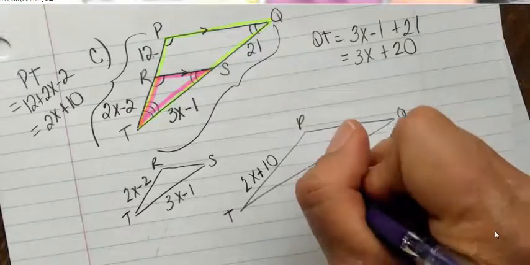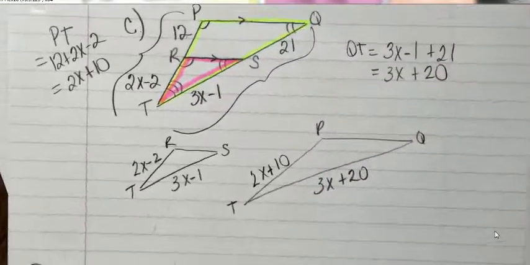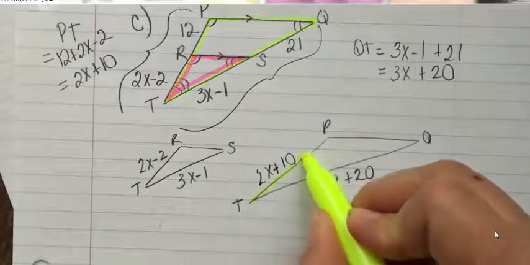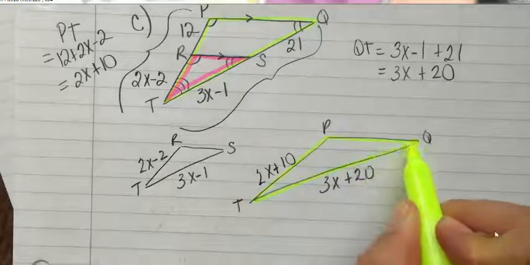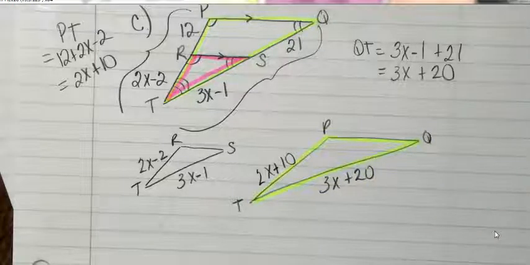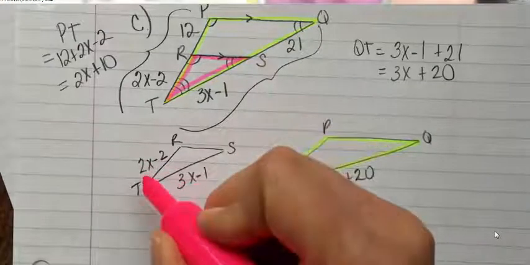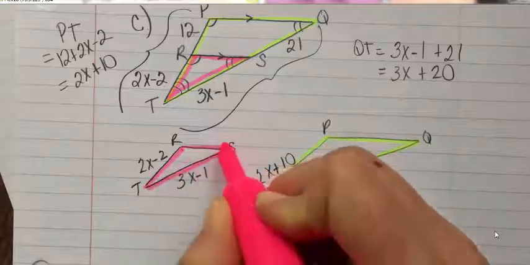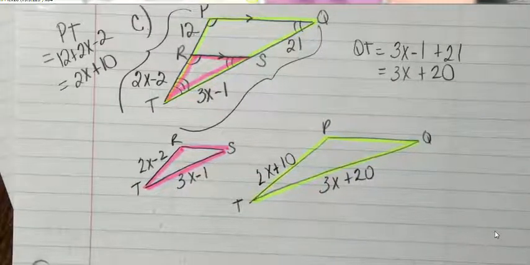And QT is 3x plus 20. So if it's helpful to see that, and I'll even use my colors again, I'll redraw the triangles so that it pops out at you and is really obvious what the two triangles are. All right, so I've got my two triangles.